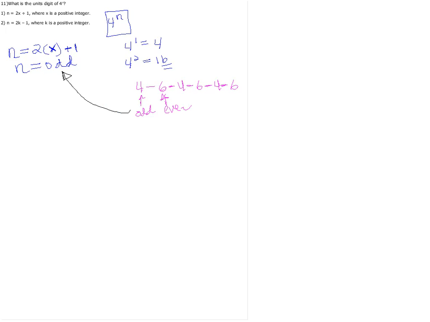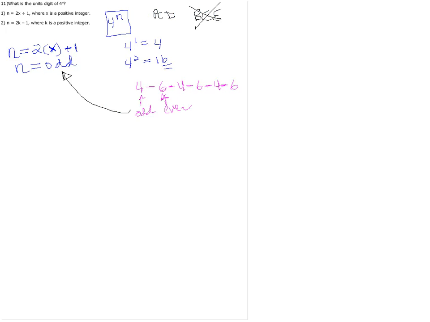Because if n is an odd integer, we know the unit digit must be a 4. Okay, so we can have our little grid here, A, T, B, C, E. Well, A worked, so you know our answer choices are not going to be B, C, or E, so those guys are gone.